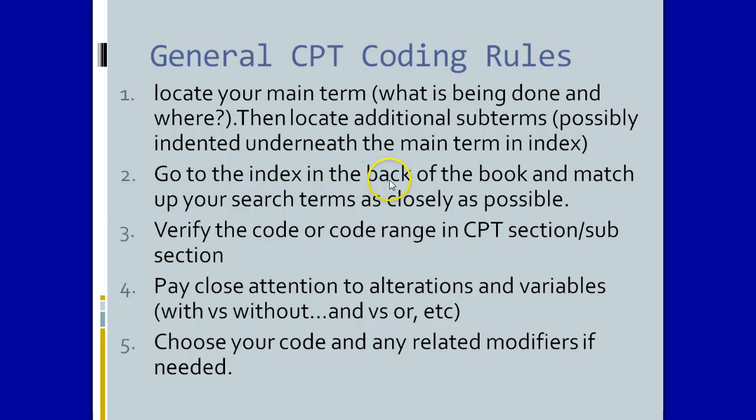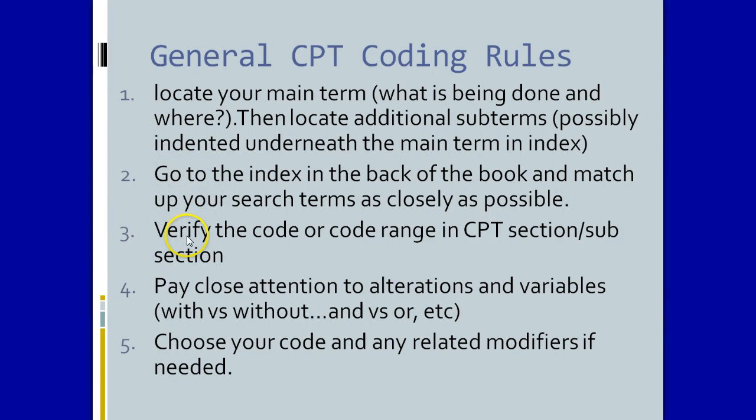Okay, so go to the index in the back of the book, match up your search terms as closely as possible. Step 3, verify the code or code range in the CPT section or subsection. A code range is a range of codes. It could be anywhere from 2 to maybe 10 or 15 codes that are in a range that's basically similar, or the procedures are similar to one another.